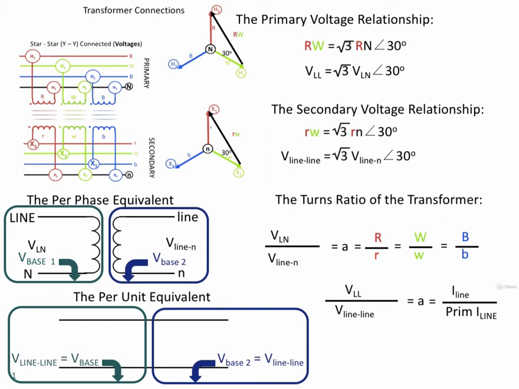We have used the base voltages, and we can either use line to neutral base voltages or line to line base voltages. However, the per unit magnitudes of the voltages are the same, as are the per unit values for the current.